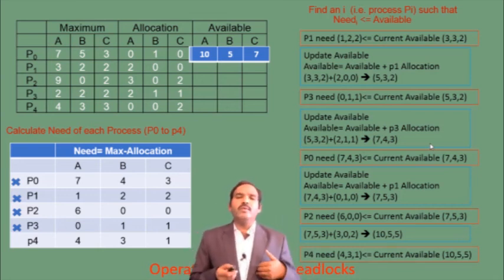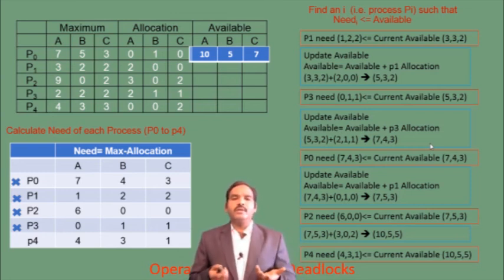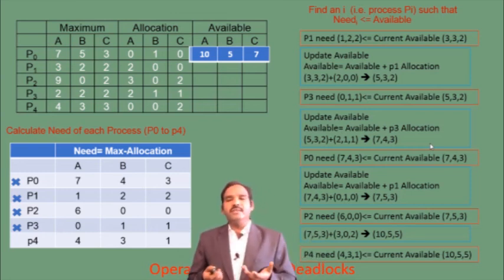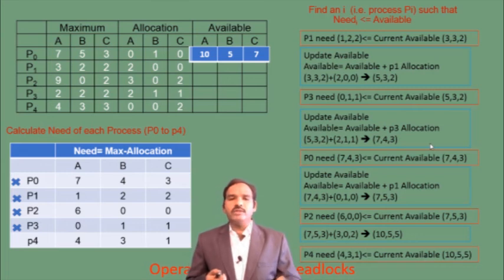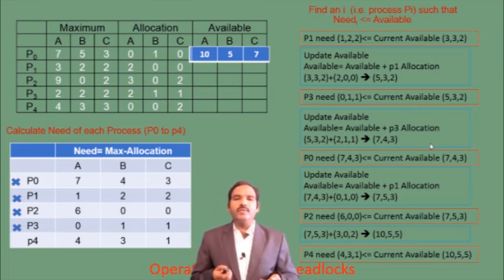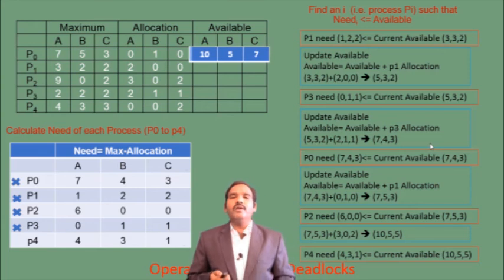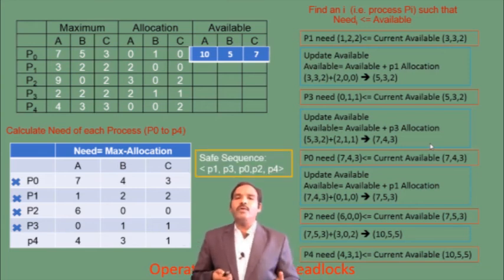If you allocate the resources to P1 with the available resources, then P1 completes its execution and releases the resources. Whatever resources are released by P1, you can add them to the availability. Therefore, what is the order we have to follow?